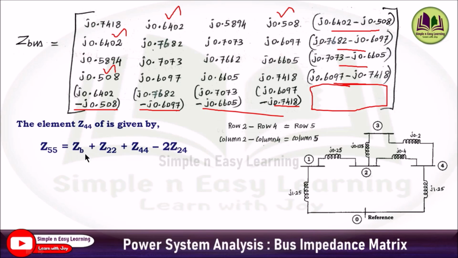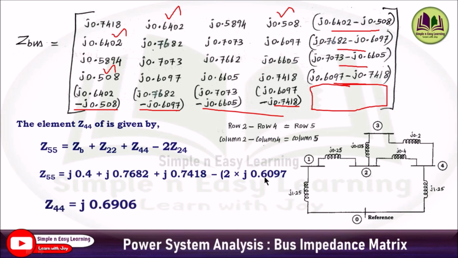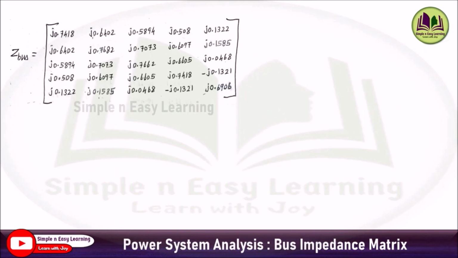ZB is the reactance we are considering now, that is J0.4. Substituting the values, ZB is J0.4, and Z22, Z44 and Z24 are from the matrix. So you will be getting J0.6906 as the answer. Substituting here, you will be getting the 5 cross 5 matrix like this.